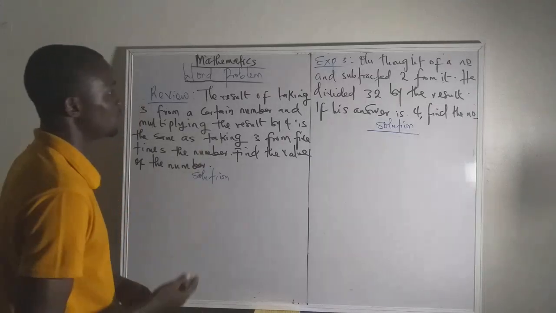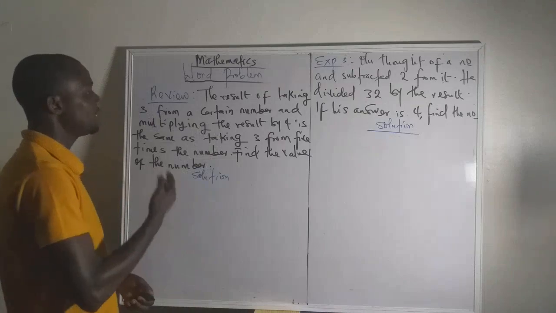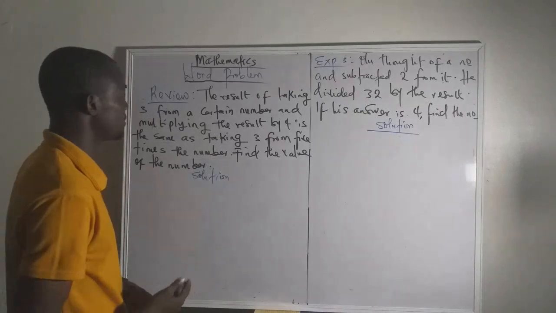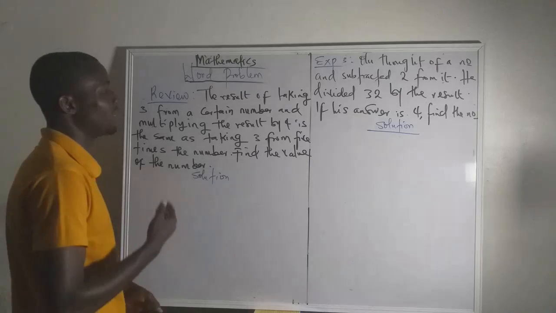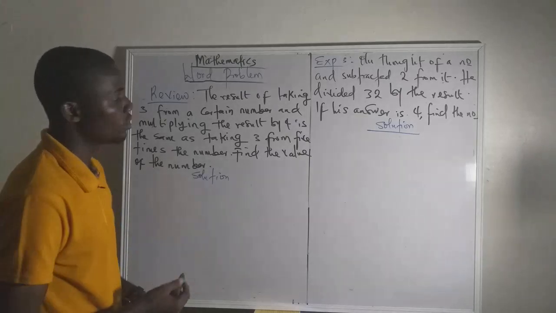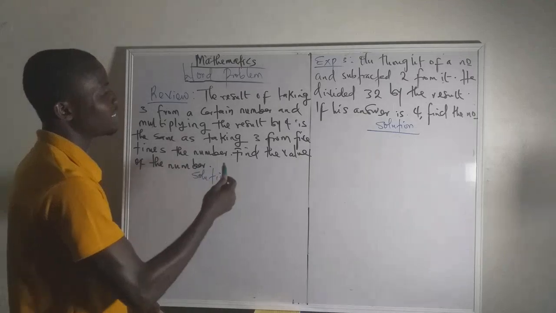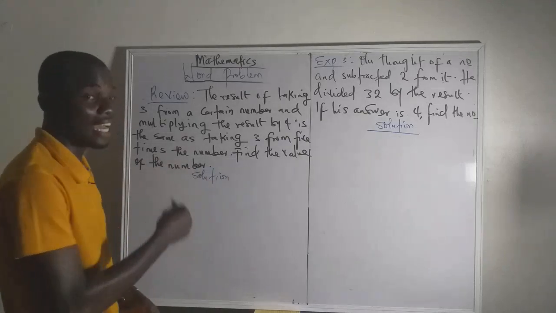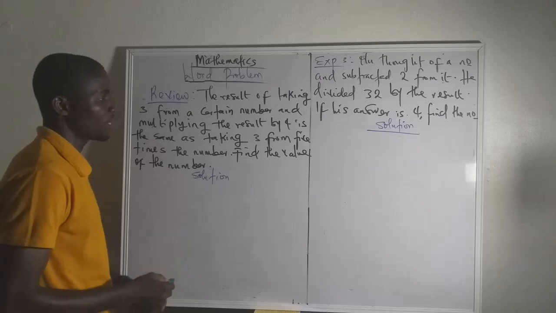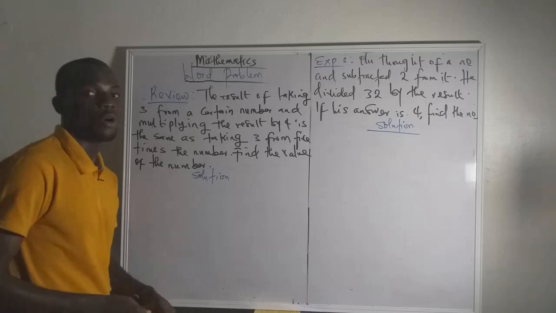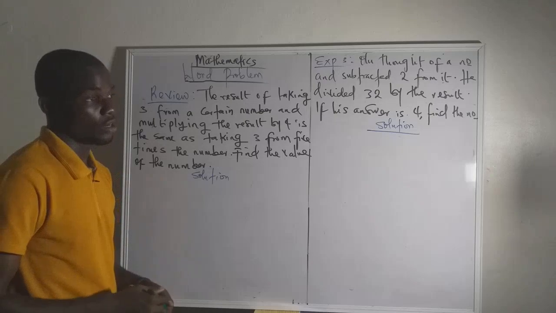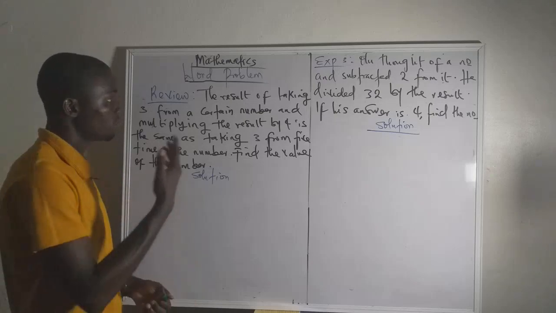The question says the result of taking 3 from a certain number and multiplying the result by 4 is the same as taking 3 from 5 times the number. Find the value of the number. So we take it bit by bit.